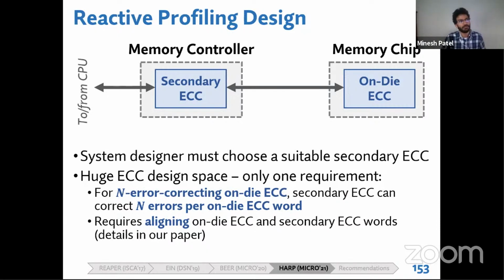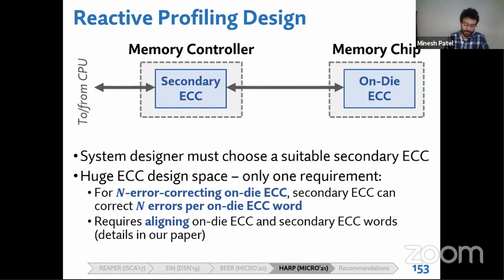In this way, we can also profile for indirect errors, and this information could potentially be reported back to the repair mechanism, maybe by some interface for the software to update the error profile or what have you. So this mechanism is in no way specific to secondary ECC.